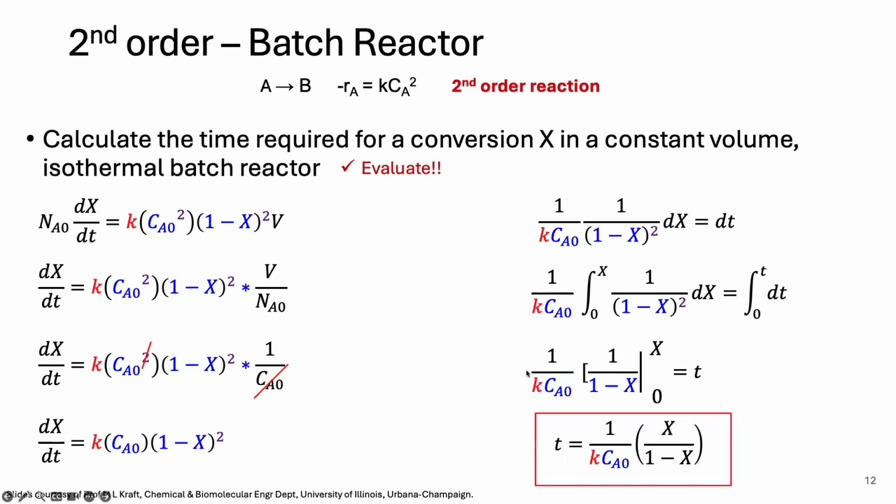Either way, once we evaluate that integral, we get a similar but different expression now to account for the fact that we have a second order reaction rather than a first order reaction. But either way, we have an algebraic expression that can tell us the time it takes to achieve a target level of conversion. So those are a few examples of how we can apply the algorithm to our isothermal batch reactor.